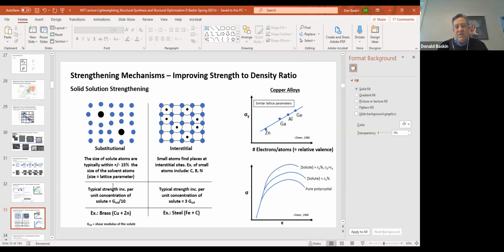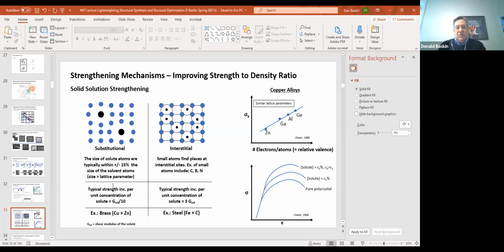You form what's called a solid solution, where different atoms take up different places in the atomic lattice. In the case of what's called a substitutional alloy, the solute atom takes up locations at the normal lattice points that the solvent atoms would be at.